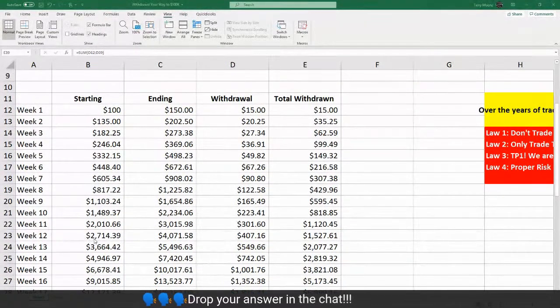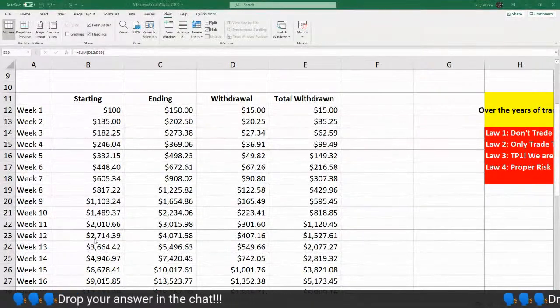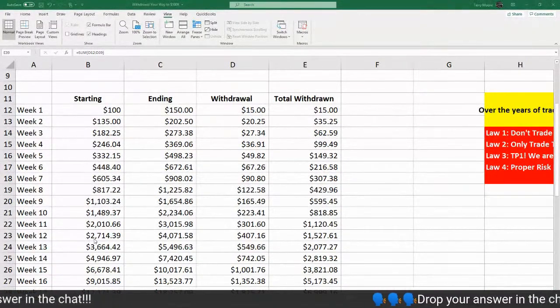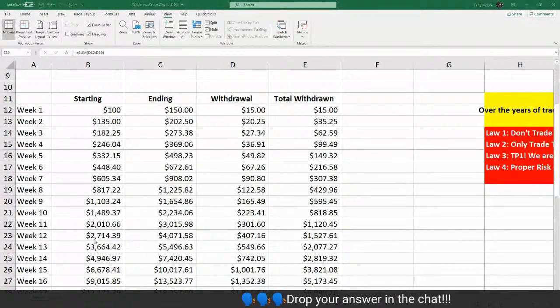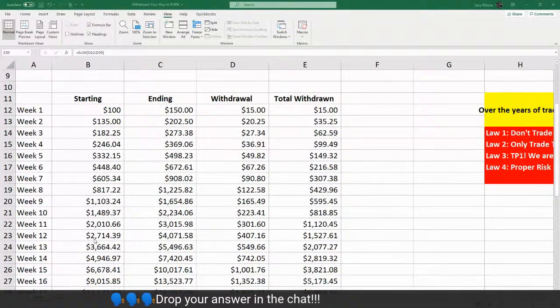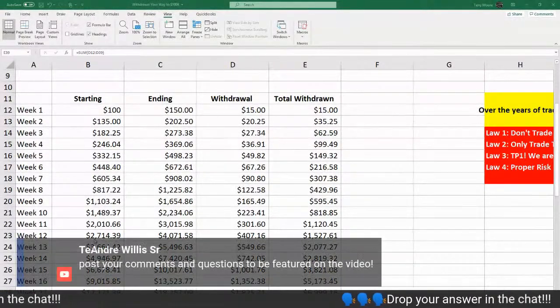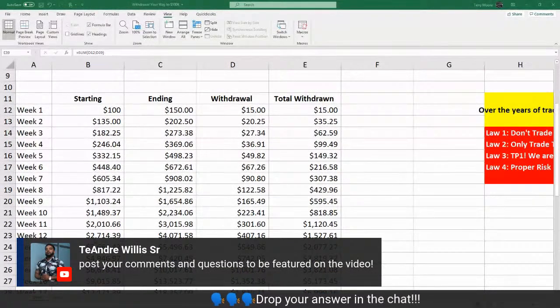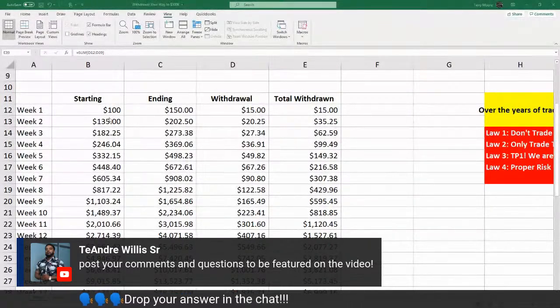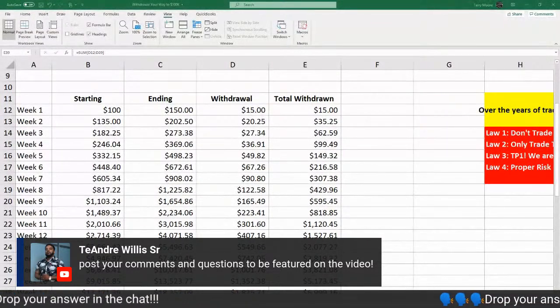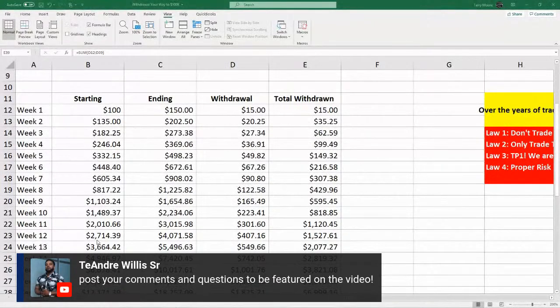That'll be the third month. So from $100, right, you've grown your account, let's just say by 50% each week, hypothetically. Now, at the end of the third month, from $100 invested, you now have $2,714.39.